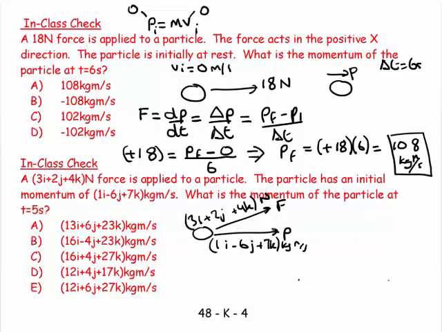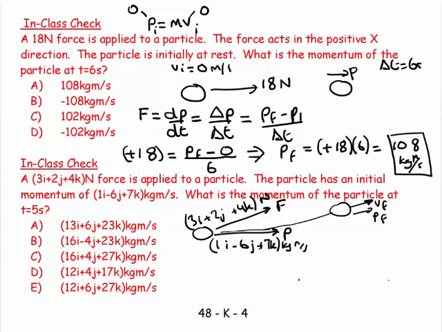It has a velocity in a certain direction, and now I'm applying a force to it. That force is going to cause the trajectory of the particle to change, and in doing so it's going to change the velocity. So I'm going to get a v final, and I'll also get a p final, of course, because p final is just the mass times the v final.